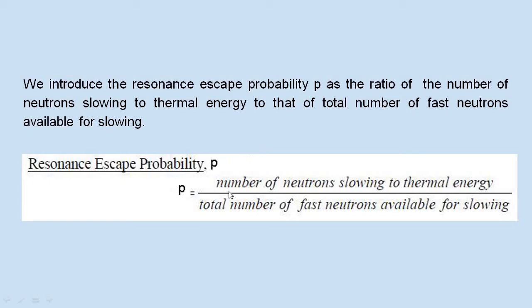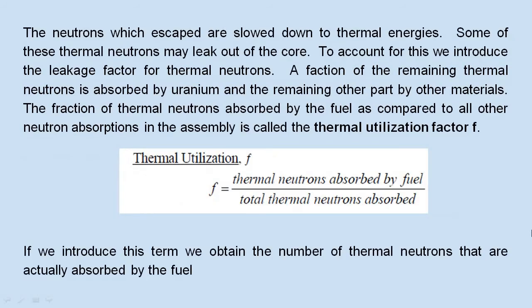So resonance escape probability is the number of neutrons slowing to thermal energy, with the number lost due to this resonance subtracted from the total number of fast neutrons, and you are getting a factor which will normally be less than 1. So, the number of neutrons slowing to thermal energy over the total number of fast neutrons available for slowing.